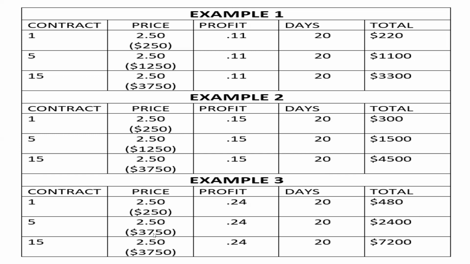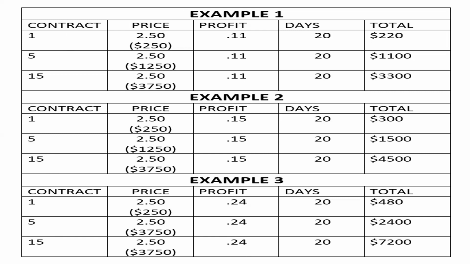Again, your initial investment remains the same. The only thing that's changing is the number of contracts and your profit on those contracts. That's the only thing that's changing, but your initial investment is continuously staying the same.